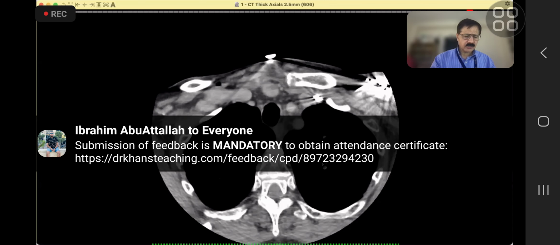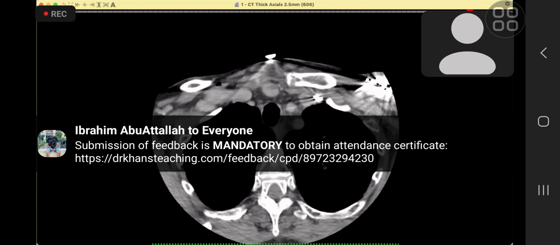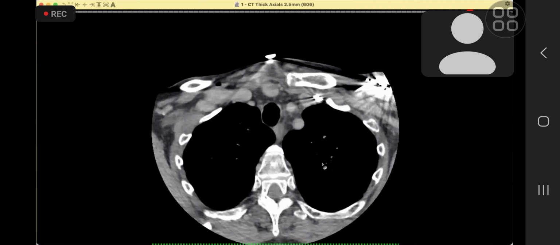The findings are infected thrombophlebitis of the internal jugular vein. Remember the terminology you use for that. Okay, thank you. Well done.